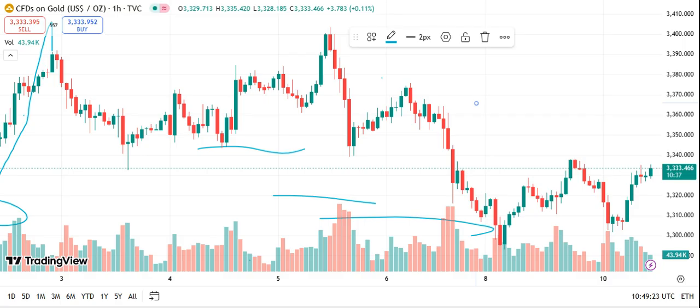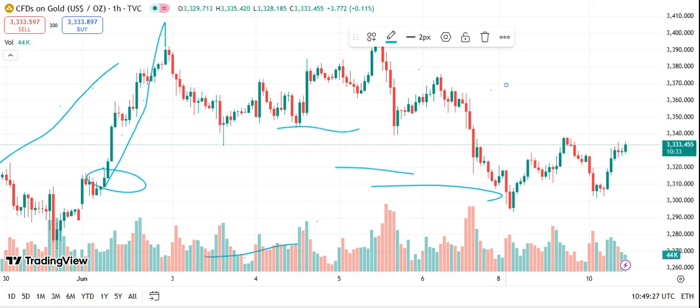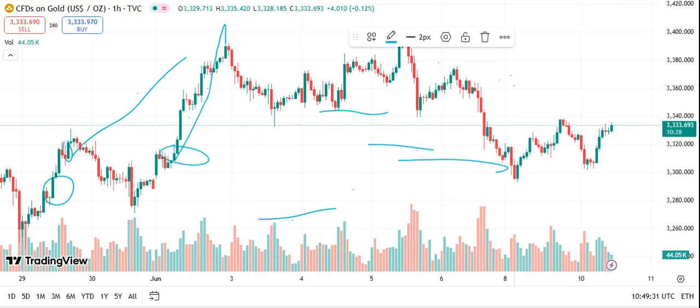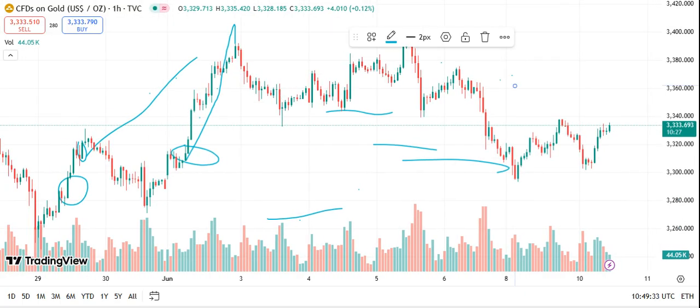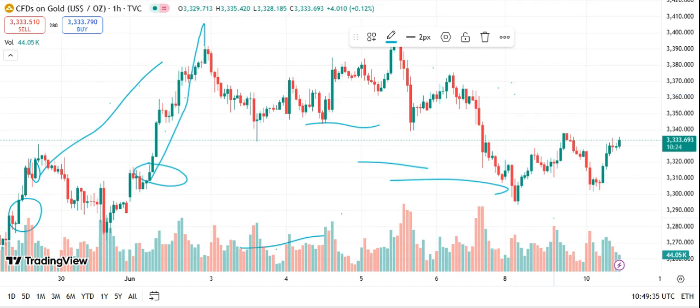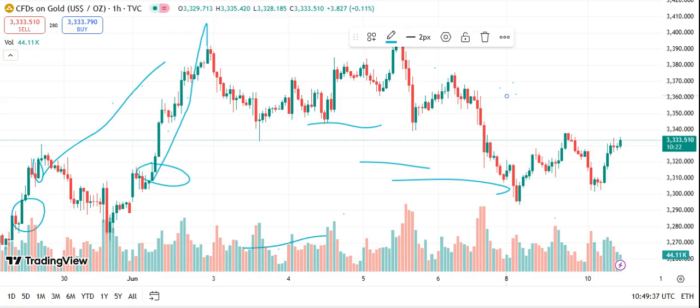Now let's come here. I think I spotted one of my favorite candles, and I want to use it to explain how it played out perfectly.